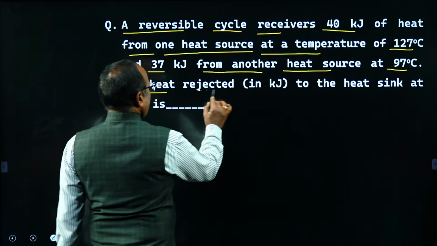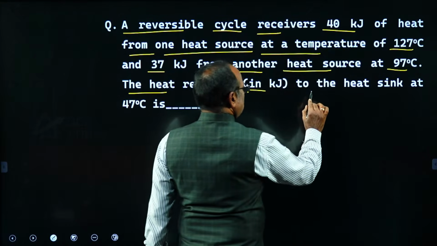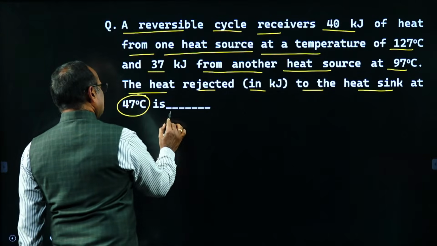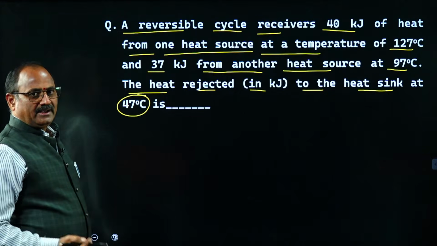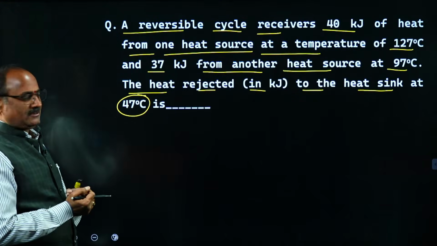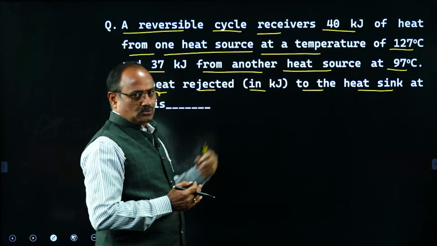The heat rejected in kilojoules to the heat sink at 47 degrees centigrade is how much? Indirectly you are asked to decide the magnitude of the heat rejection in kilojoules.